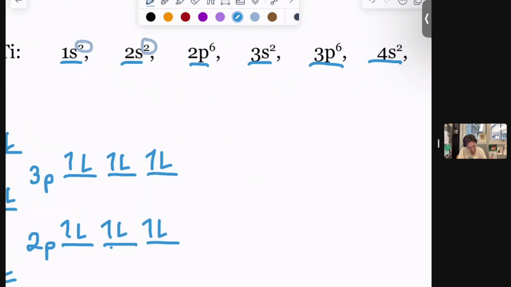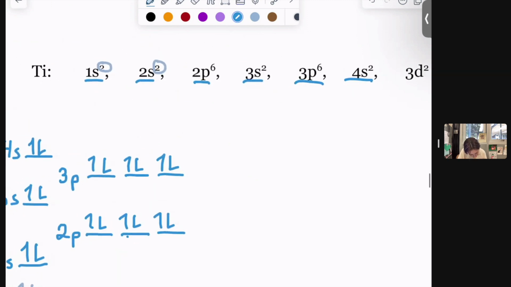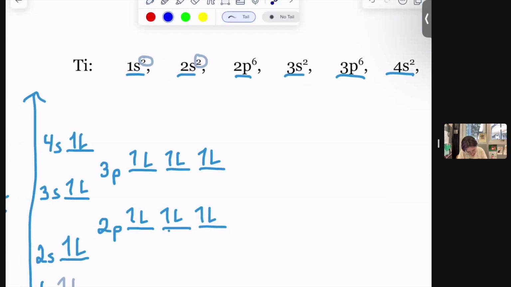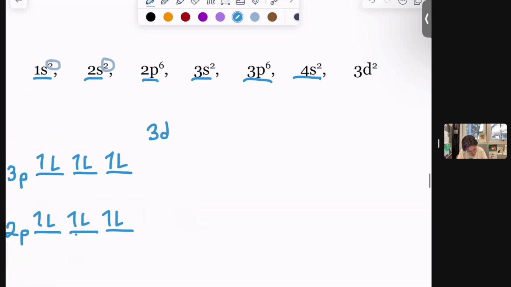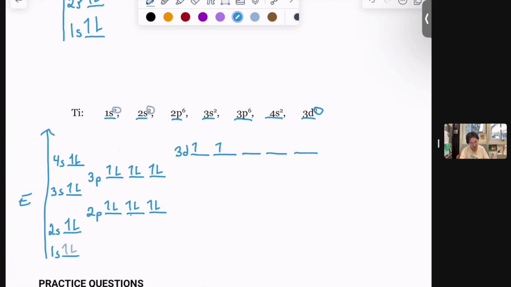But how I would do this, if you want to do it correctly, I tend to put my things with the same energy level in a diagonal. So my 3d I'm going to put up here, a little bit more energy than my 4s. 5 suborbitals because it is a d. 2 electrons, 1, 2. Again, spreading those out, they should not be paired.